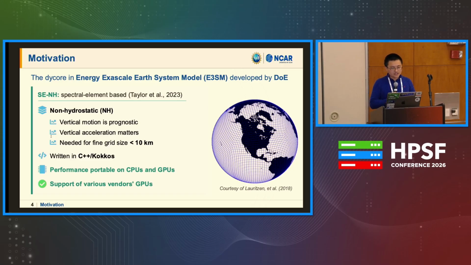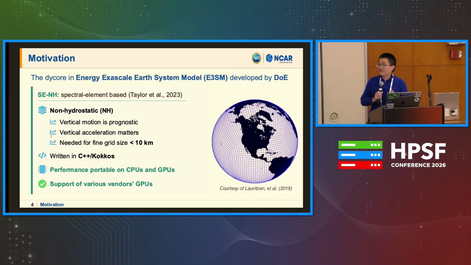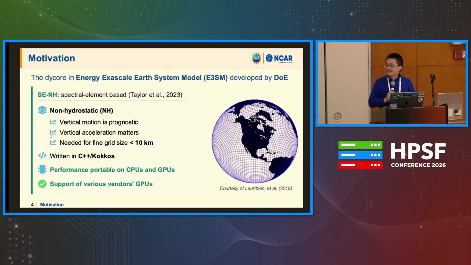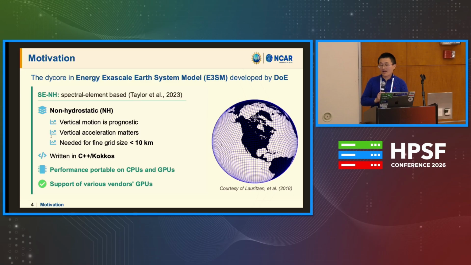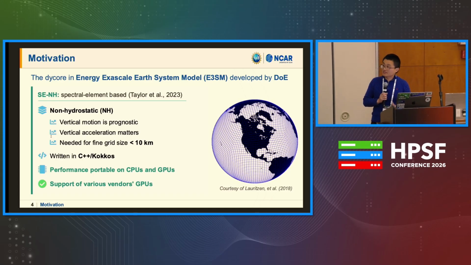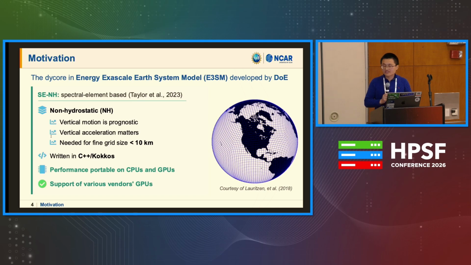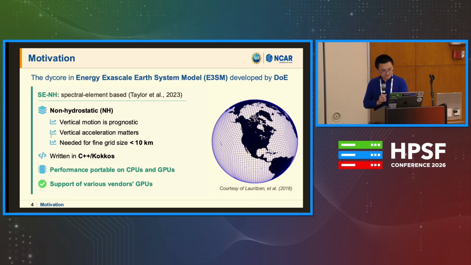And due to that feature, we think the non-hydrostatic core is really needed for fine global grid simulations where the grid size is typically less than 10 kilometers. This dycore is written completely in C++ and the Kokkos library. They have published a lot of papers showing that it is performance portable on both CPU and GPU platforms. And it also supports various vendors' GPUs, including NVIDIA, AMD, and Intel.